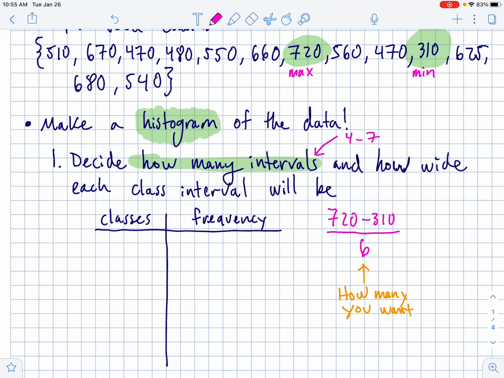So if you take 720 and subtract 310, you get 410, and if you divide that by 6, it's about 68.3. So I'm going to make my intervals exactly 70. So we'll say that they are intervals of 70.